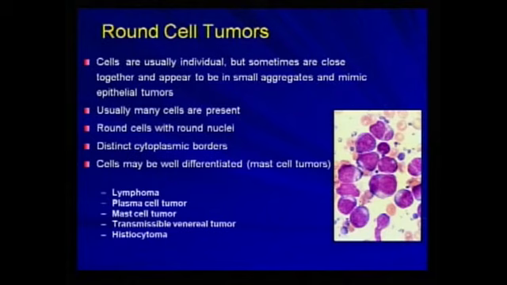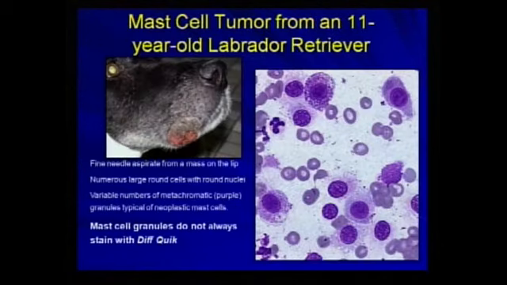And that's sort of what's going on down here. This cell has a little bit of a tail, but it's just because that preparation was done pretty roughly. They have distinct cell borders, and they are usually well differentiated.